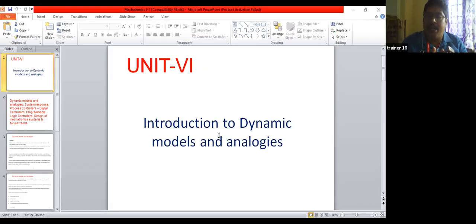So this dynamic model, with the help of the 5 units you studied: sensors and transducers, electronic components, actuation systems, digital electronic devices, and next the data acquisition system, with software like PLC software. These are all the things, right? So according to our requirement, whatever the product, first we have to go for dynamic model, and then we have to go for analogies and all.